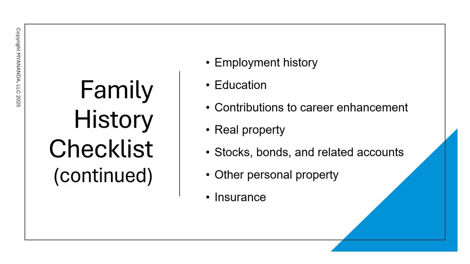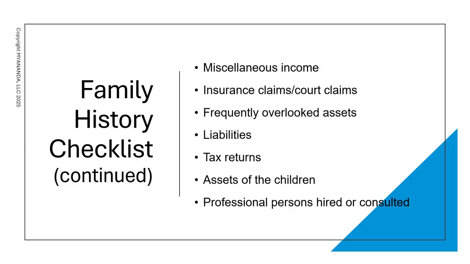What kind of property, real property, what kind of personal property, are there intangible personal property like stocks and bonds, etc. And insurance, do they have any insurance of any kind? And then lastly, on this list, is there other income, and do they have anything pending in the courts or with insurance companies? Did they have to go through Helene and Milton and still not get everything solved? And there's some stuff that's so sad, what's happened.